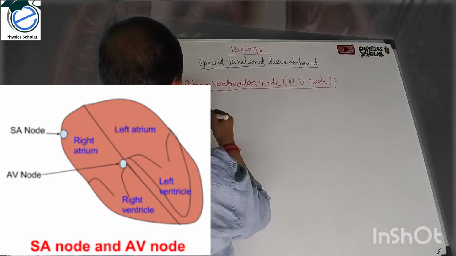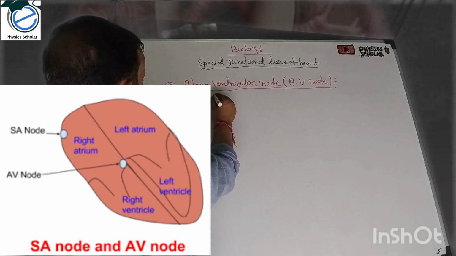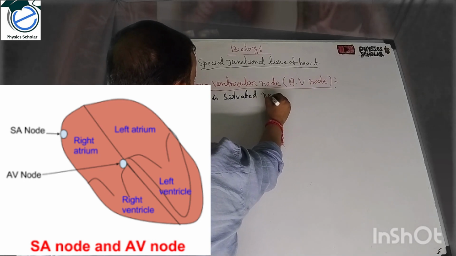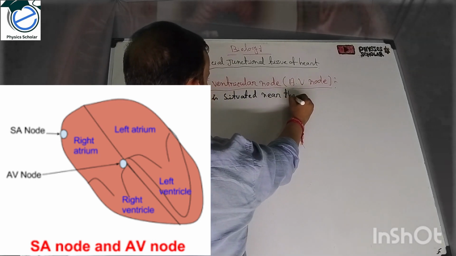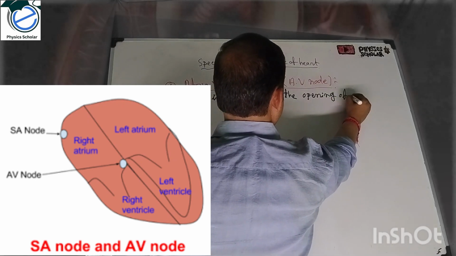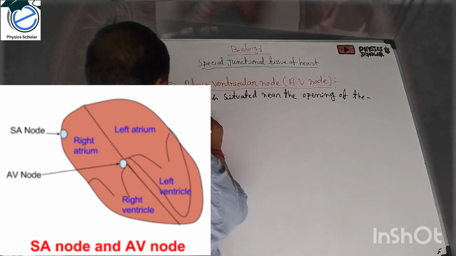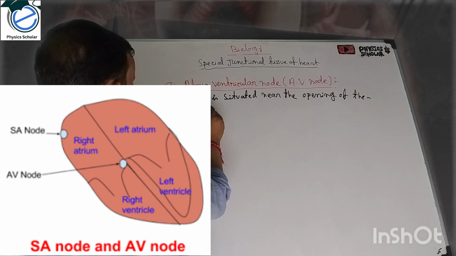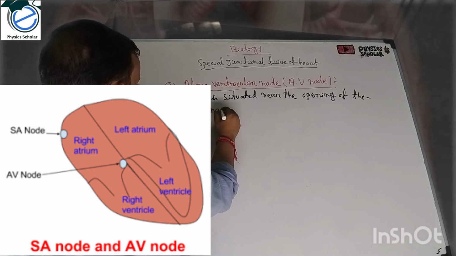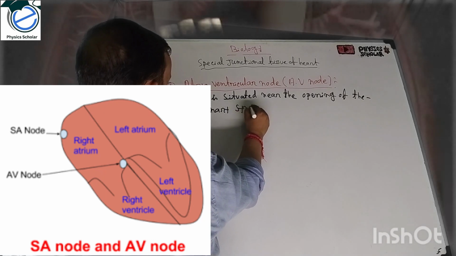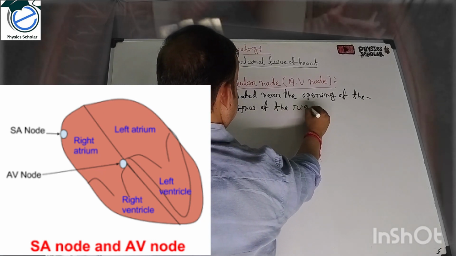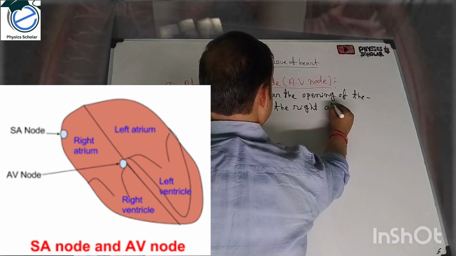So it is situated near the opening of the coronary sinus of the right atrium.